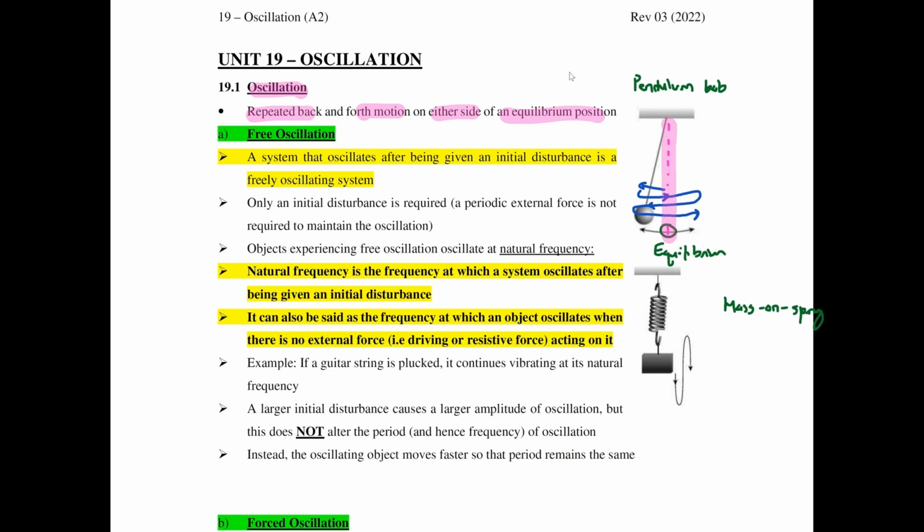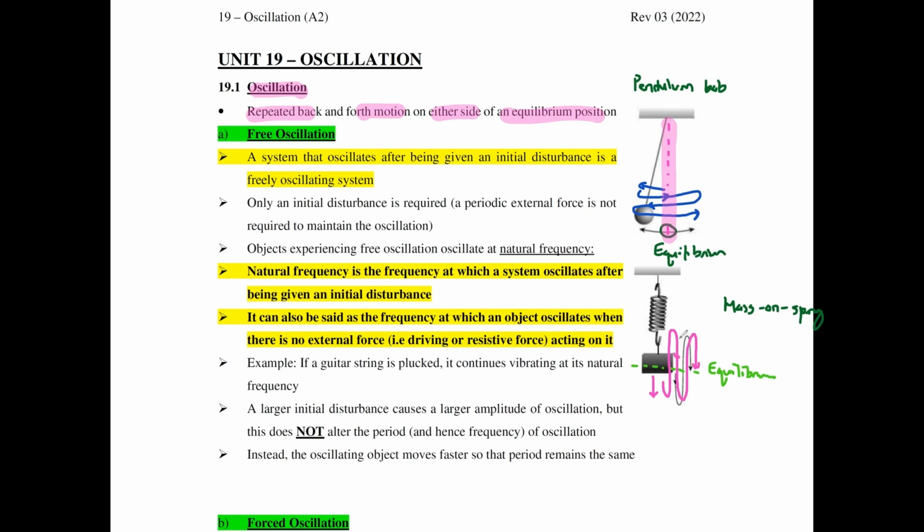Now the mass on spring system is also similar. When you just leave the mass on the spring alone, it will eventually come to a rest position. That rest position could be somewhere over here, which we call the equilibrium position. If you were to displace the mass downwards and release it, it again will oscillate up and down in this manner.